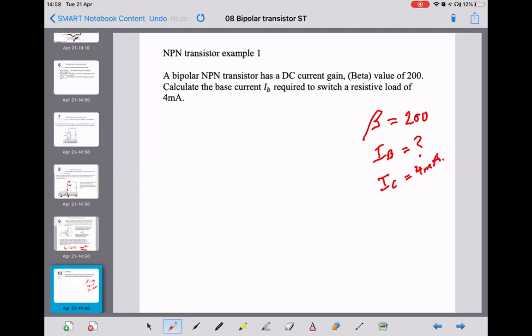How do we calculate beta from the previous page? The gain is how much bigger is the collector current than the base current?